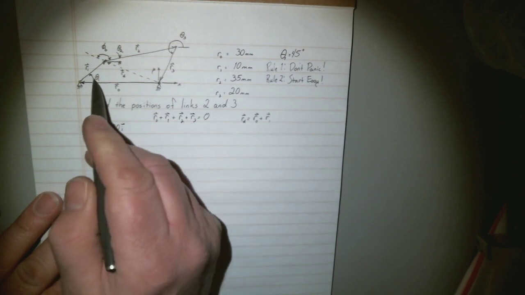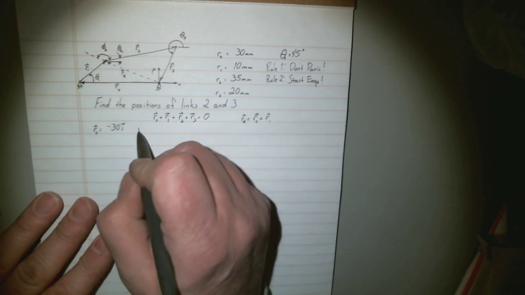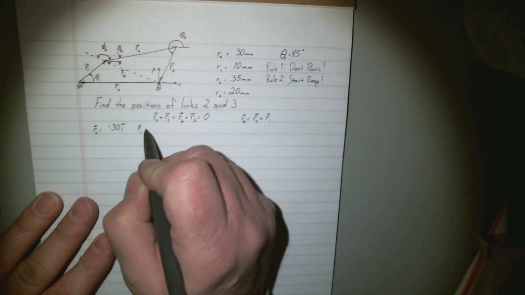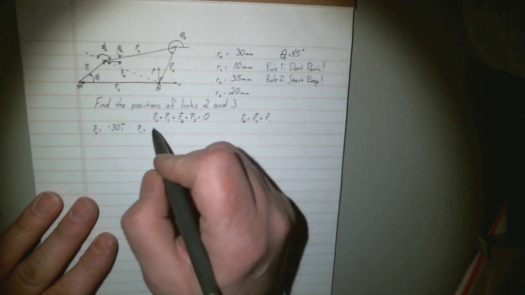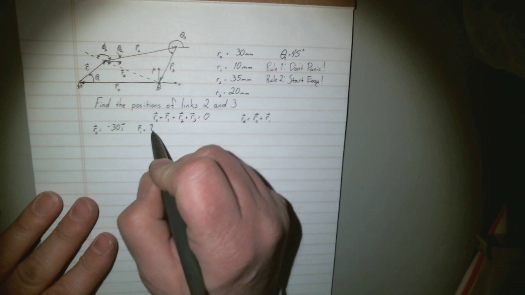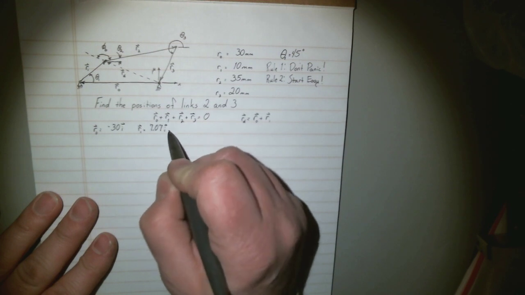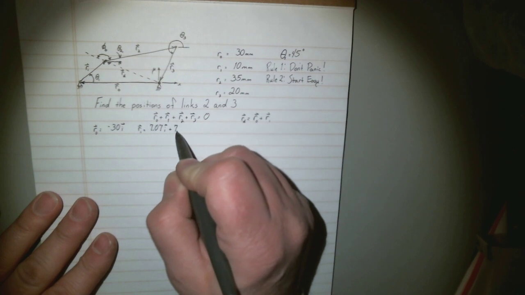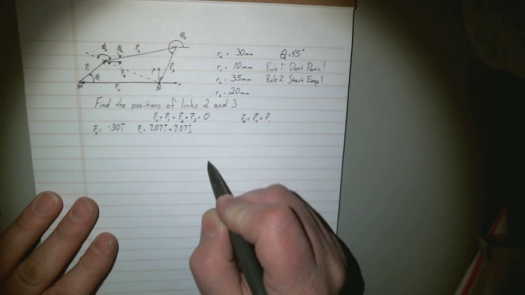I also have a nice angle here, so I can figure out R sub 1 just by right angle trigonometry. And you can convince yourself that it is 7.07i plus 7.07j.